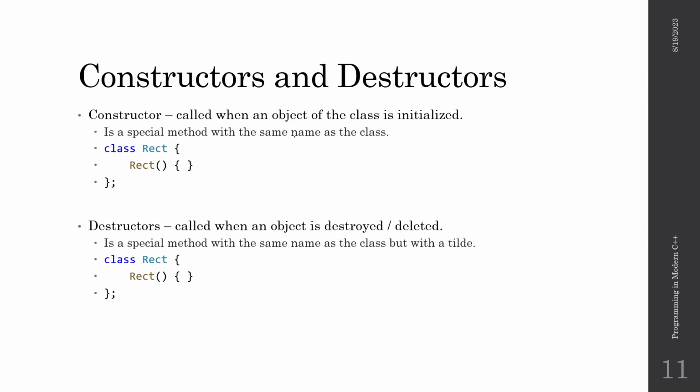It is a special method with the same name as the class. So inside class rectangle, if I write a function with the exact name of the class, then it is a constructor. This function is called when an object is created. When we have a class and then we create an object, this constructor will be called.